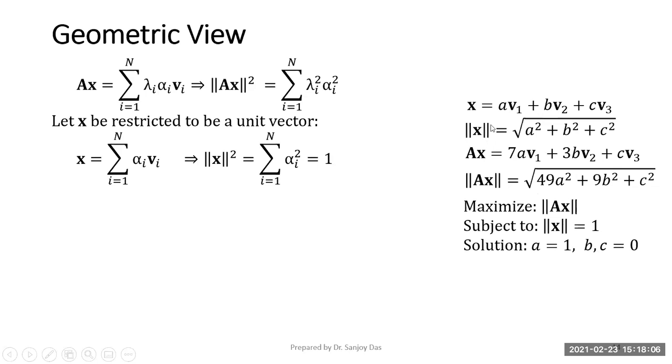Since the length of X equals 1, I must satisfy A squared plus B squared plus C squared equals 1, correct? And I want to find scalars A, B, and C such that A squared plus B squared plus C squared equals 1, that will maximize the length of Ax. How do I do that?